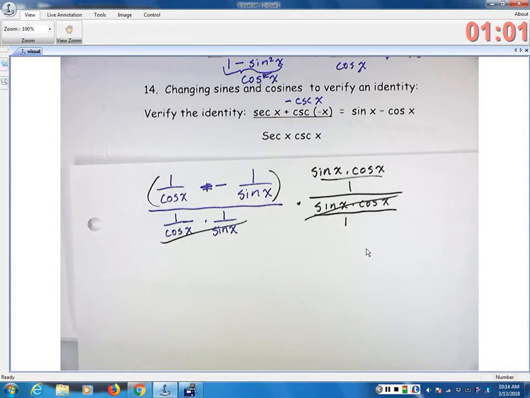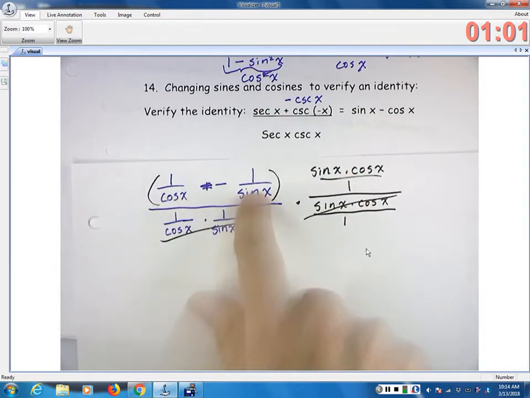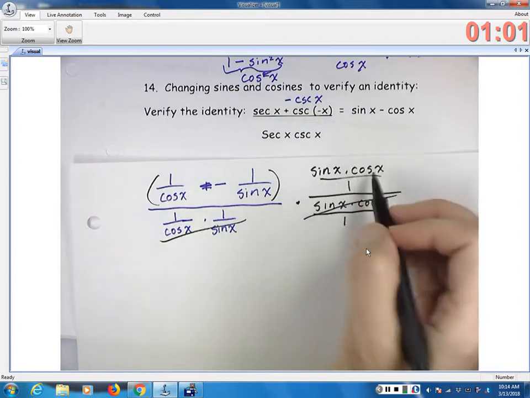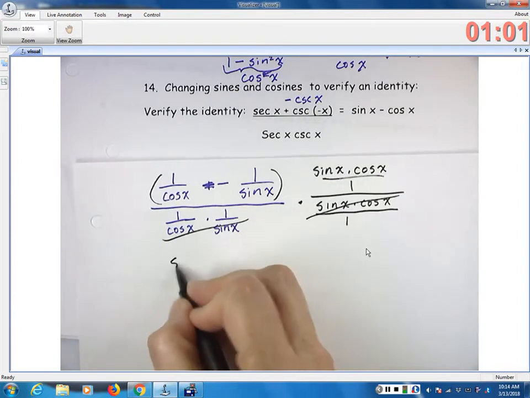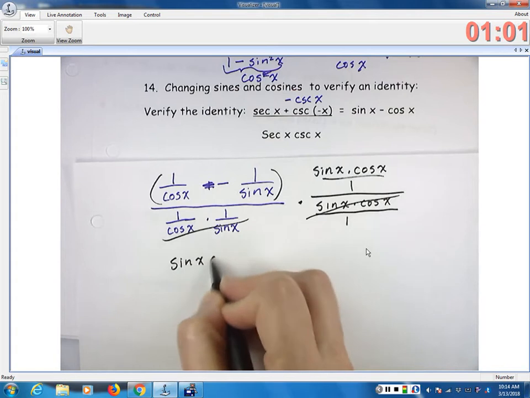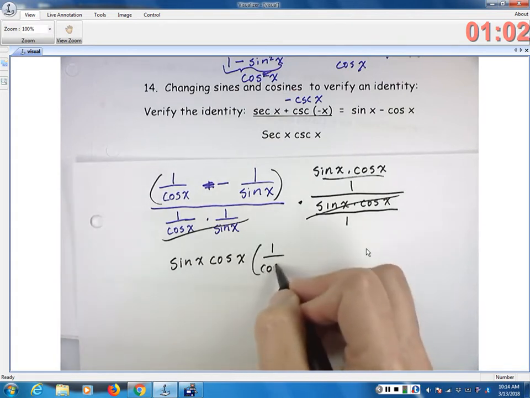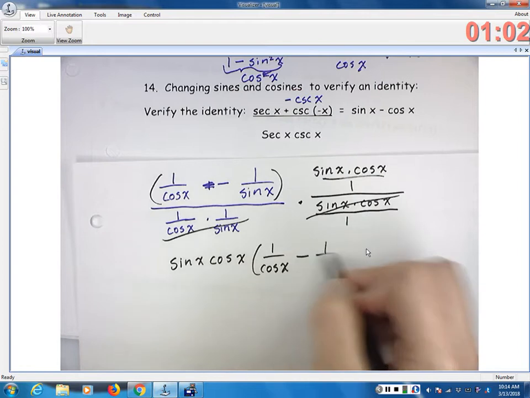And now I want to distribute this times these things. So let me just write what we're left with: sine x cosine x times 1 over cosine x minus 1 over sine x.